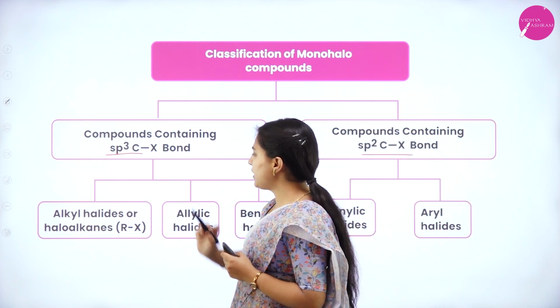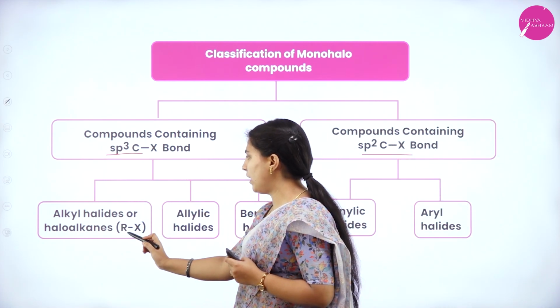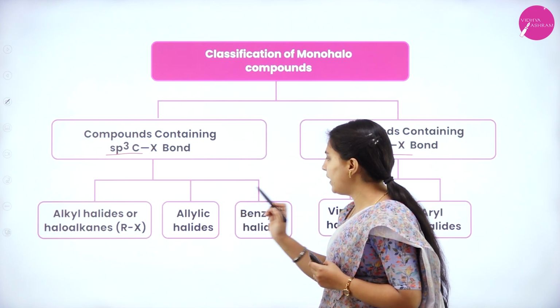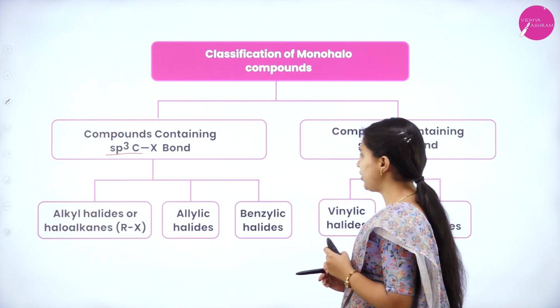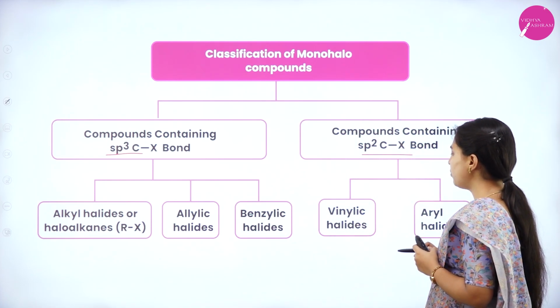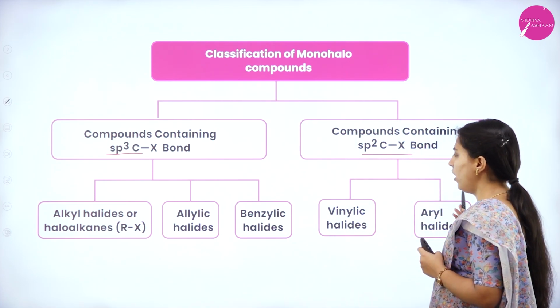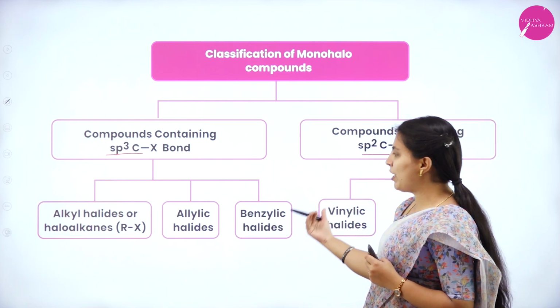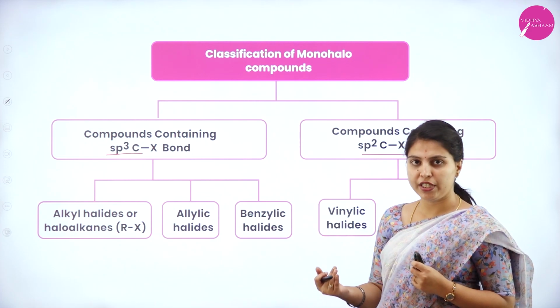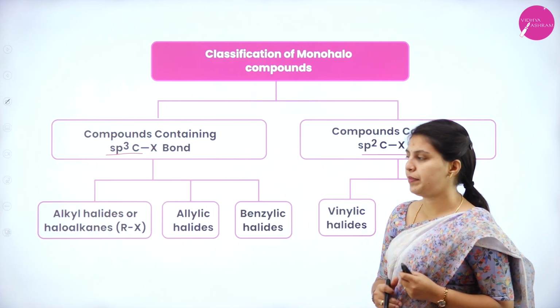In the sp3 C-X bond, alkyl halides or haloalkanes, allylic halides and benzylic halides are differentiated further. In the sp2 C-X bond, vinylic halides and aryl halides are present. Now we'll see them one by one with definitions and examples.